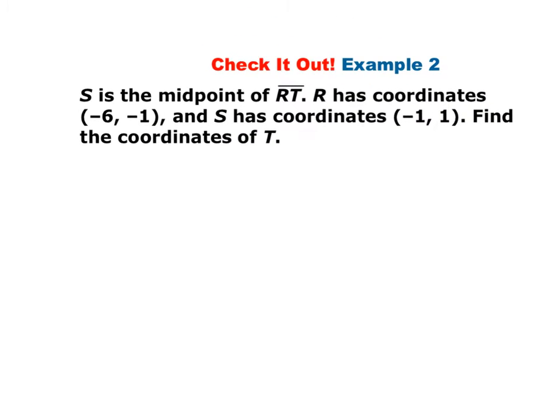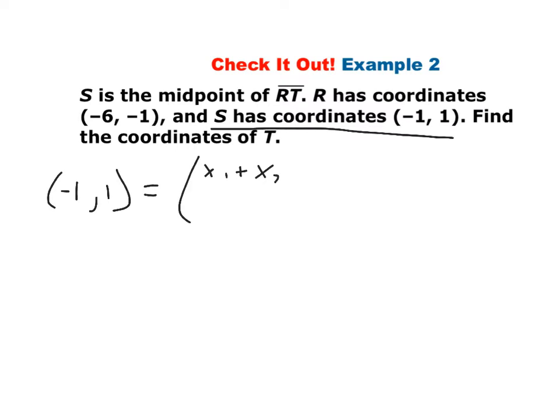So S is the midpoint of RT. R has the coordinates of negative 6, negative 1, and S has the coordinates of negative 1, 1. So S is the midpoint. So we would set the midpoint equal to the formula that we have for the midpoint, which would be x1 plus x2 over 2, y1 plus y2 over 2.